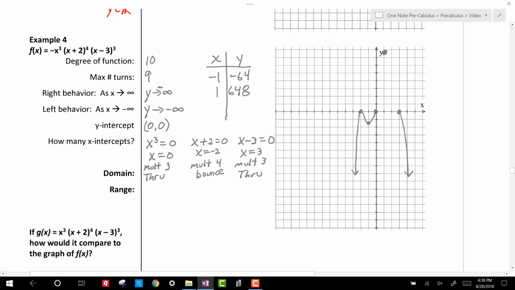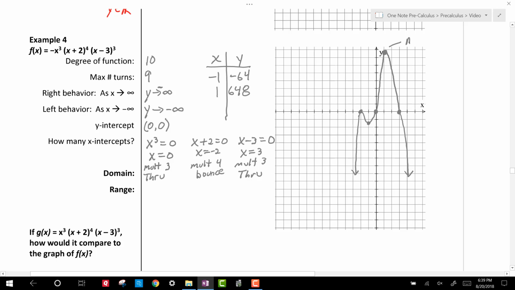I'm going to go through the graph at 0 because it was a multiplicity of 3, which makes sense again because I would lead up to my max there and back down and through the graph again at x equals 3.